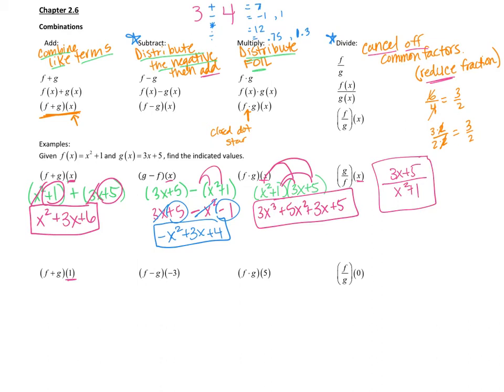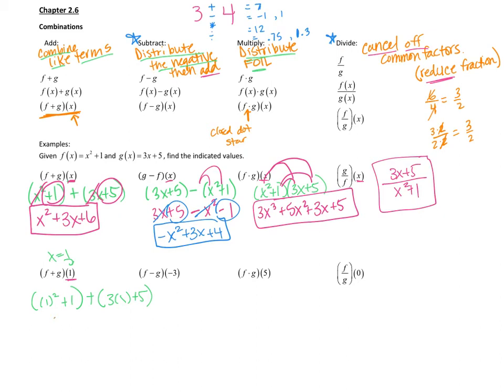So if I look at the first one, it says that I'm going to take f, which is x squared, but remember, instead of an x, we're going to use a 1. So I'm going to say 1 squared plus 1. Then I'm going to take g, which would be 3 times 1 plus 5. And I'm going to add those together. Remember PEMDAS, I'm going to take the first set of parentheses.